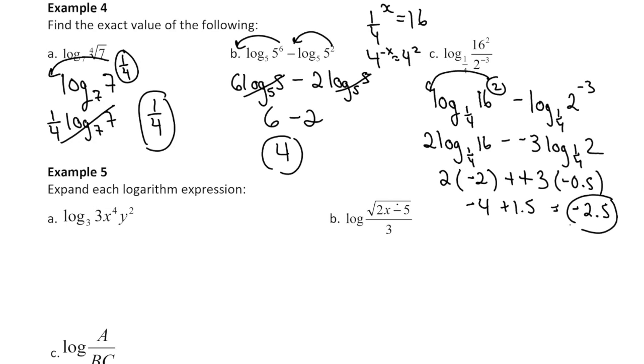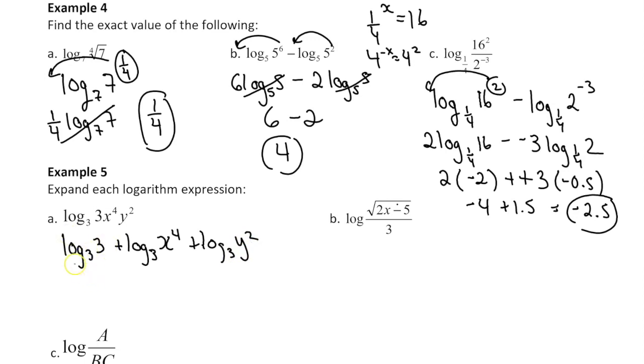Okay, well, let's take a look at example 5. And let's see what we could do with this guy here. It says expand each log expression. Log base 3 of 3 plus log base 3 of x to the 4 plus log base 3 of y squared.